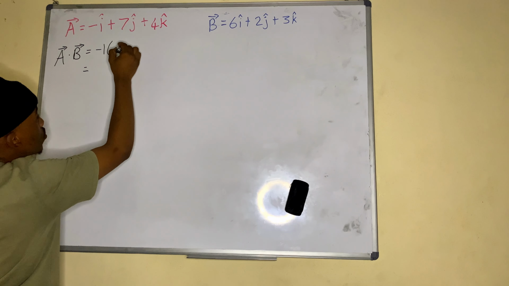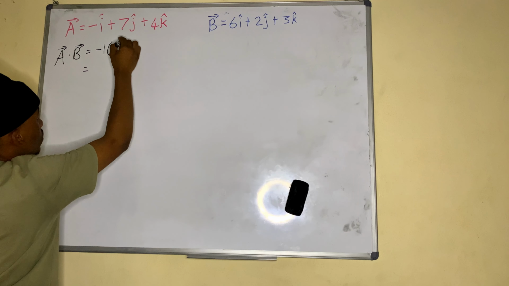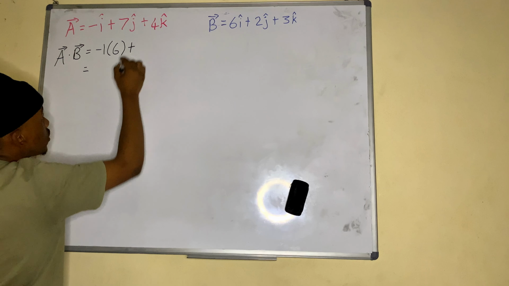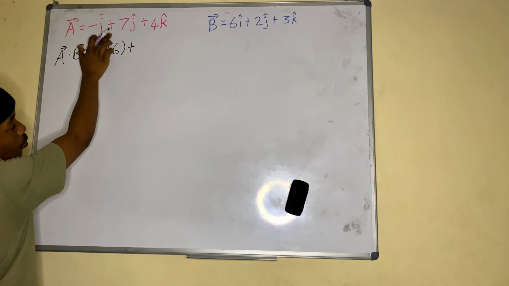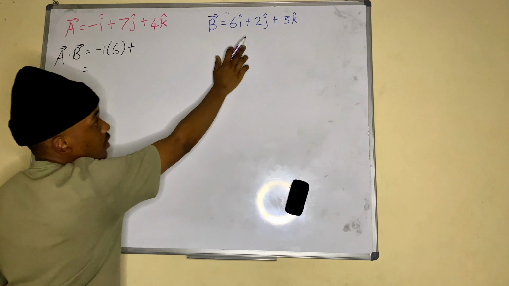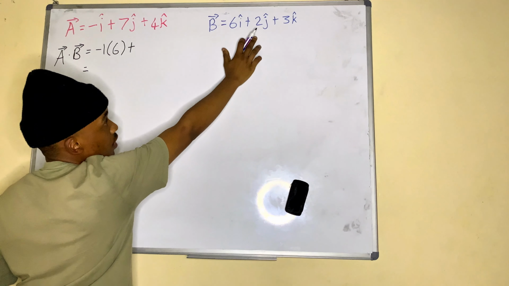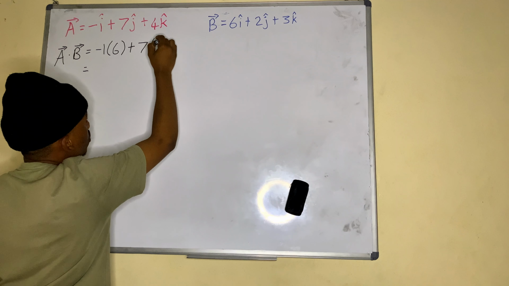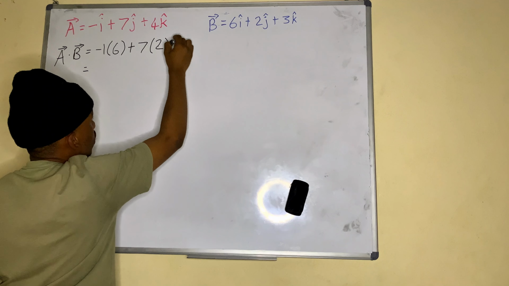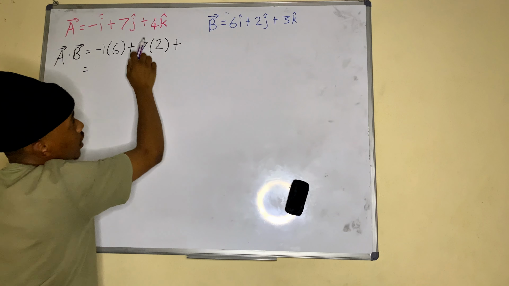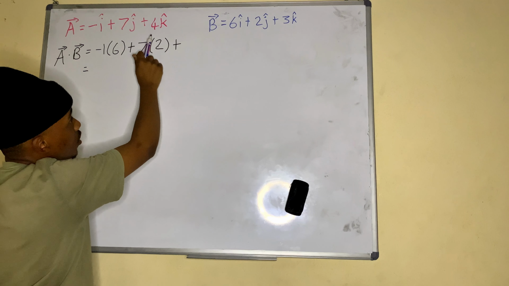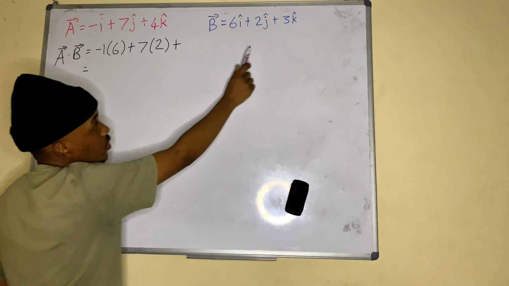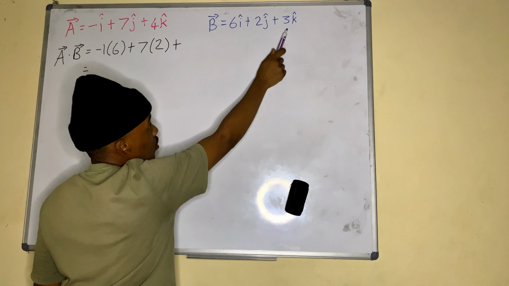So that's -1 multiplied by 6, adding that to the second component of vector A multiplied with the second component of vector B. So that's 7 multiplied by 2, adding that to the third component of vector A, which is in the z direction, multiplied with the third component of vector B.